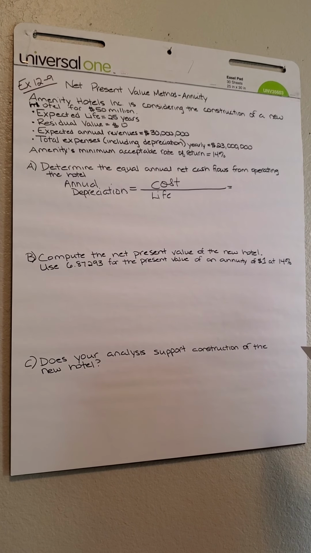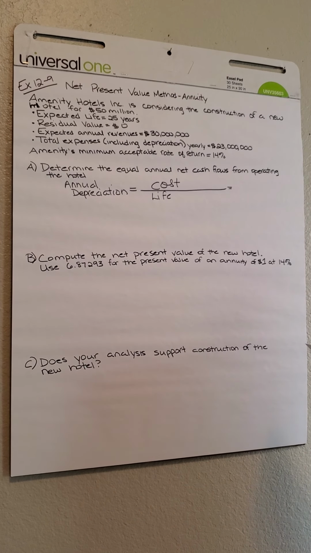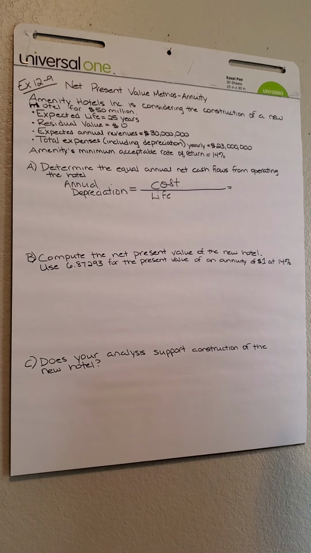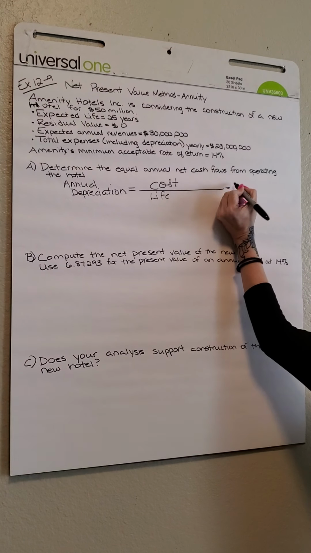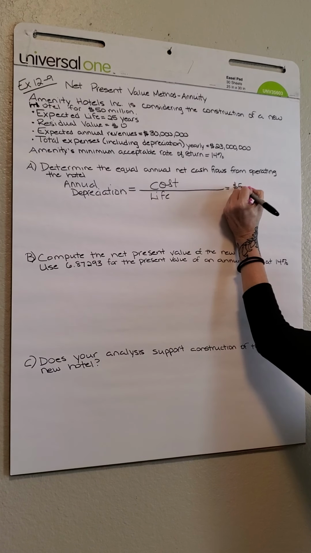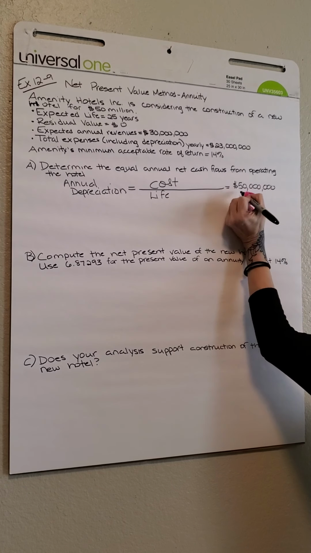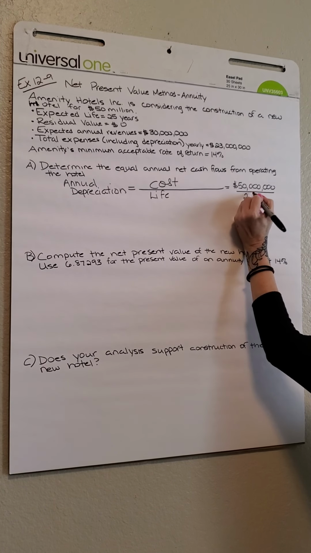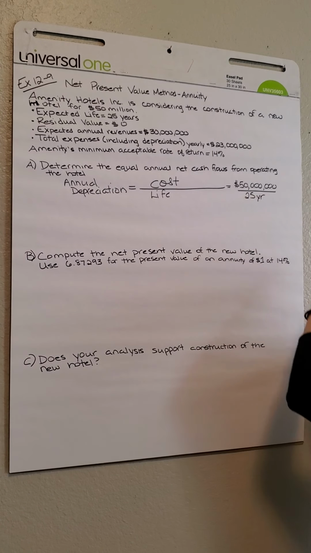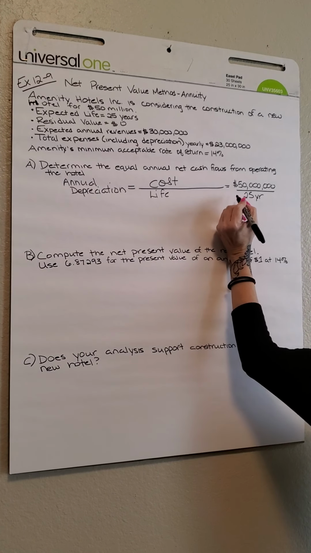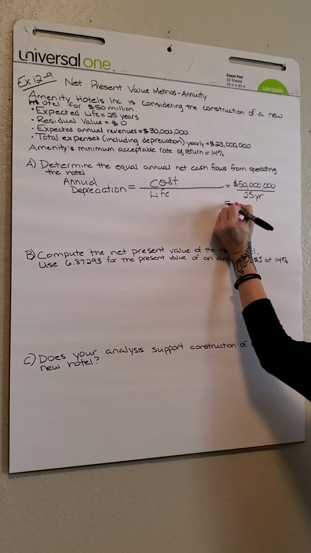Review from 116A. So we've got a $50 million investment that has a 25-year life, and that's going to give us annual depreciation of $2 million.